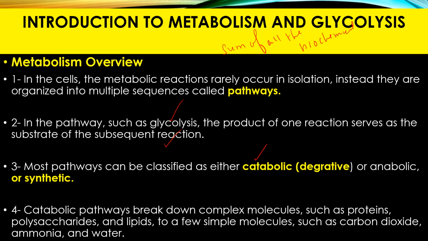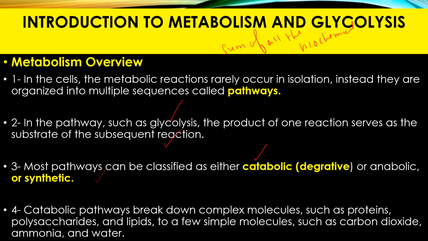Now we all know that metabolism is categorized into two categories. One is known as catabolic. Catabolic reactions are also known as degradative reactions, in which complex organic molecules are converted into simpler molecules.